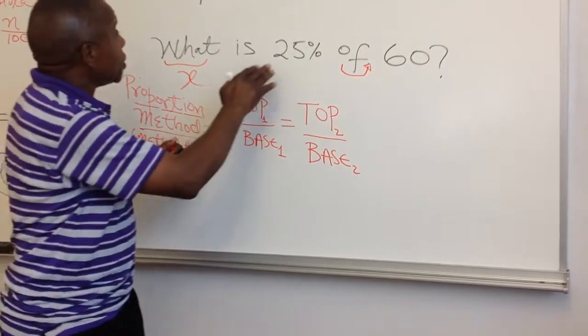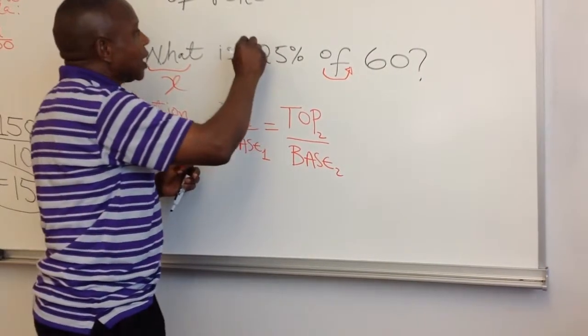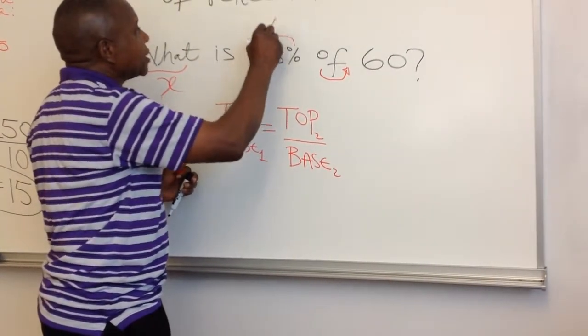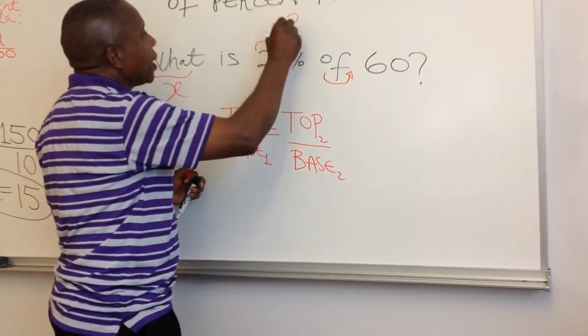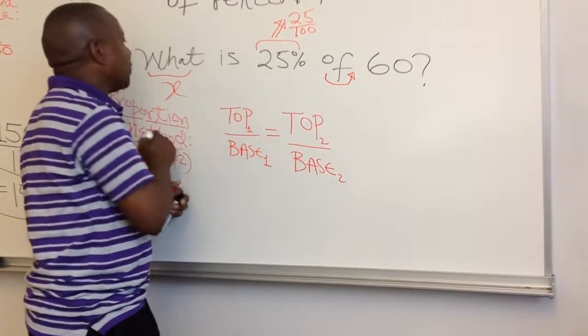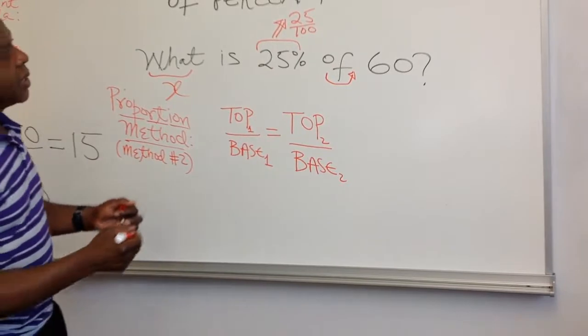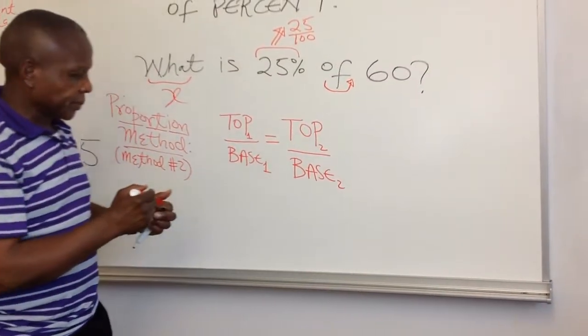And notice, using this definition of n%, the 25% we noted is still going to be 25 over 100, based on the definition of n%. So 25% again is still 25 over 100.